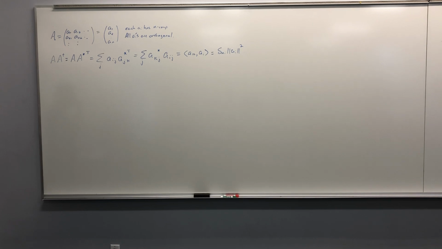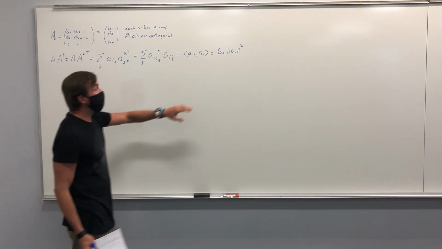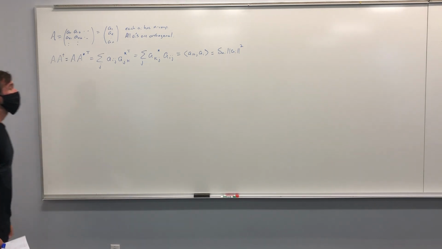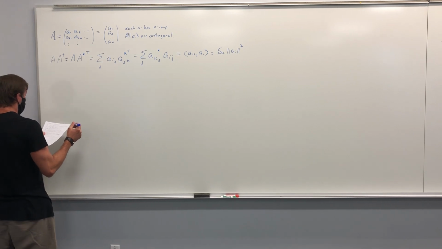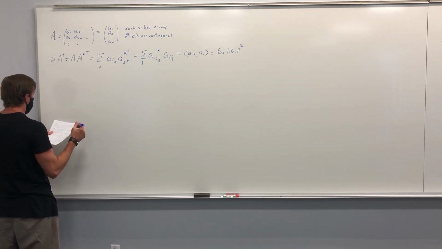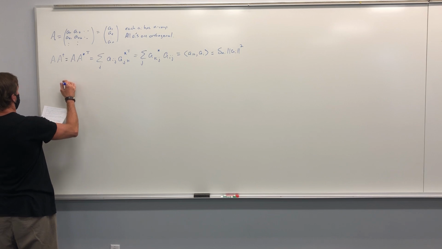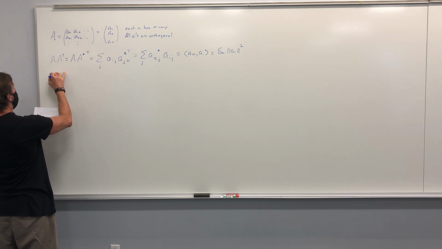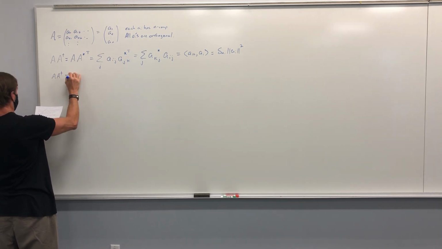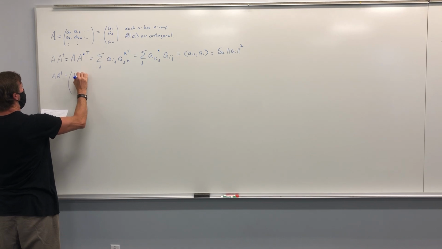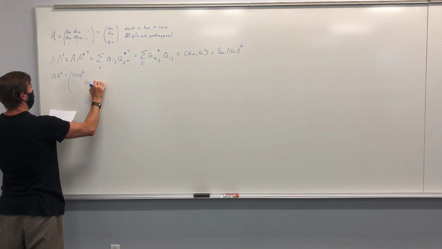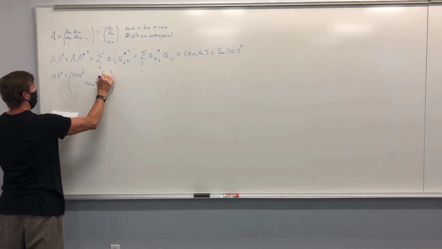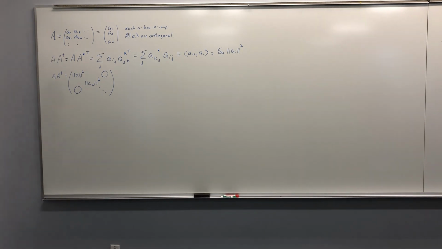Okay? They're not normalized, so the magnitude of A_i is not necessarily 1, but they're orthogonal. Now, what we have is that A dagger times A is basically zeros everywhere else.